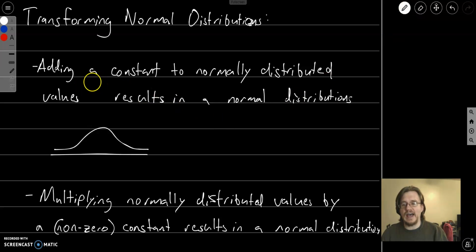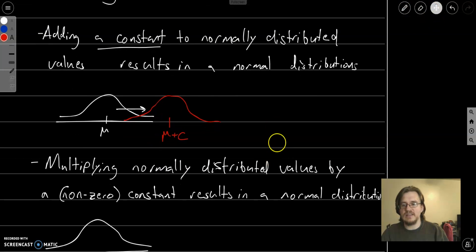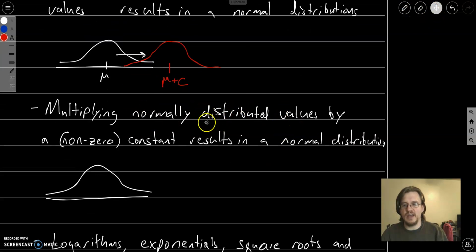So for instance, if you just add some number to everything in a normal distribution, let's say you just add 100 to all of your data values, all you're doing is you're taking the normal distribution, and we are shifting it over so that if we look at our new normal distribution, it should be roughly the same, except that the mean will have shifted over by some constant if we just add c to it.